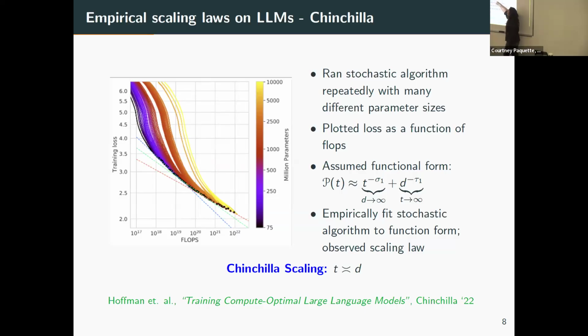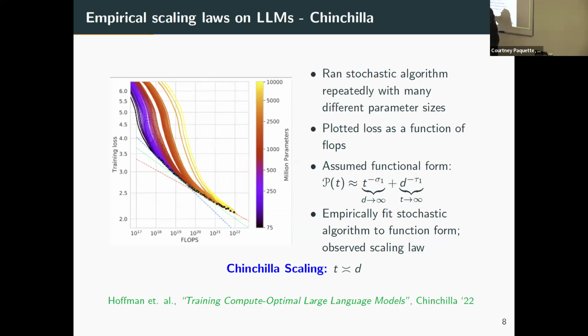So what they did is they assumed that their loss looked like a specific form: t to a power, iterations to a power, model size to a power. They empirically fit the runs of their optimization algorithm to this form, found the exponents, and then re-optimized in terms of D. Okay. So that's what they did. And what they saw was that it satisfied a power law going down.